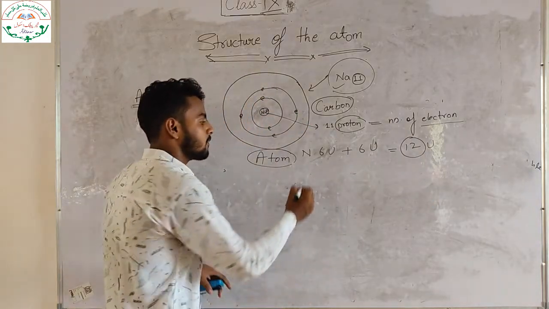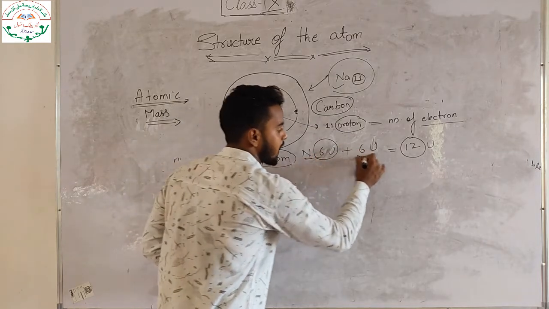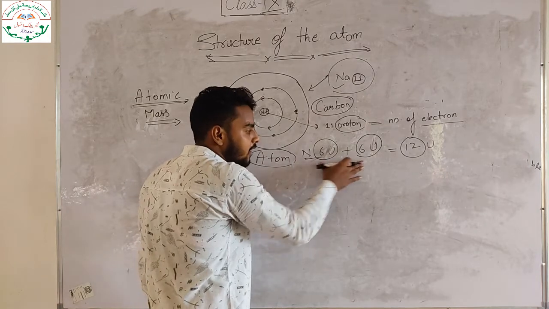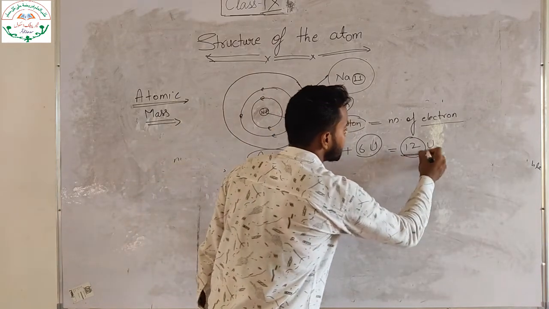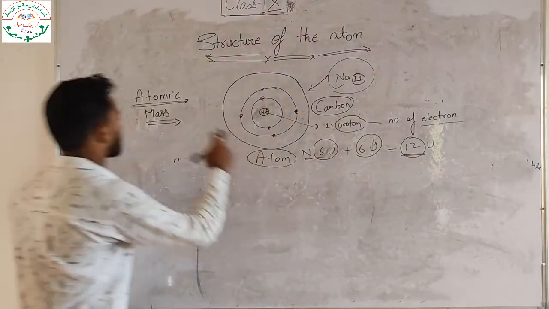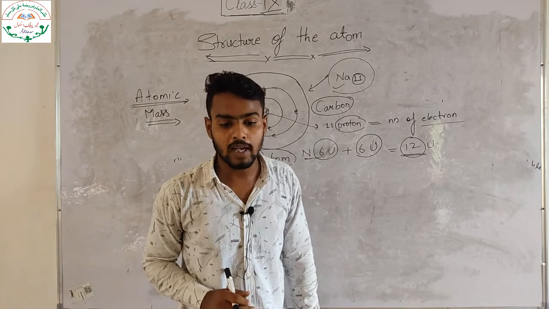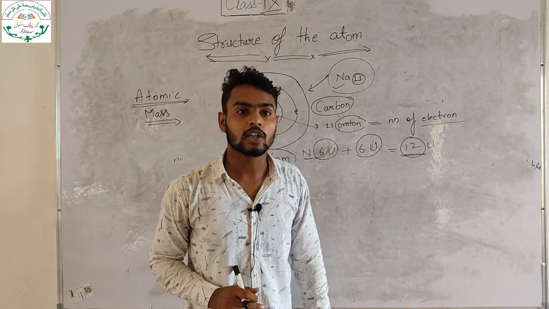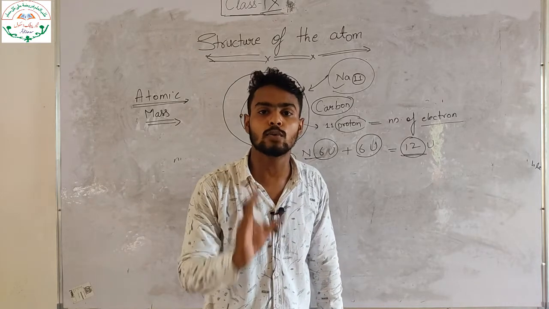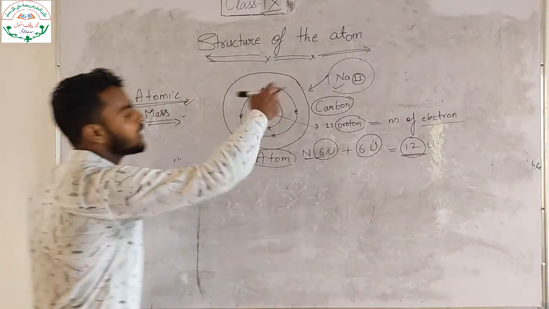That means when we add the neutrons and the protons to each other, the resulting number will be the atomic mass of the element. So how can we observe the atomic mass? Atomic mass is the sum of the neutrons and protons of the element.